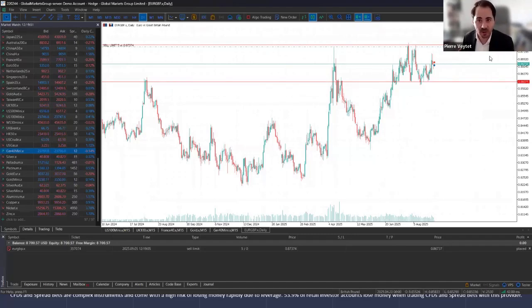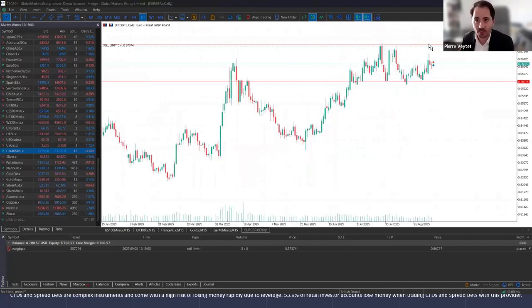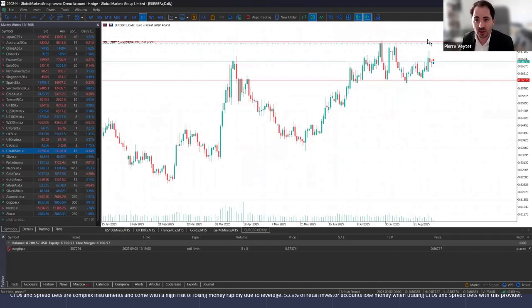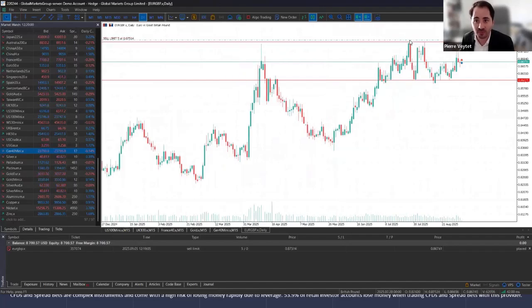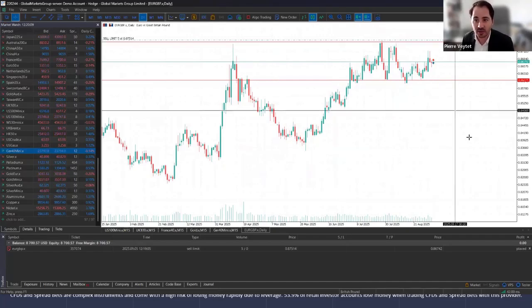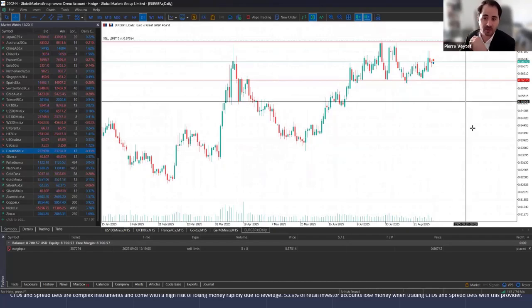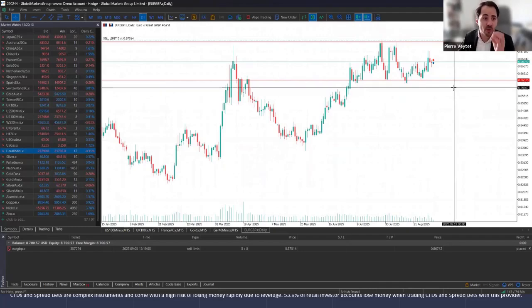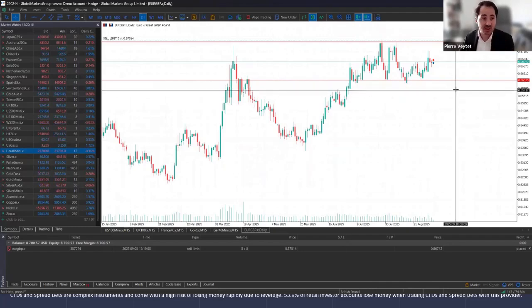Okay, let me give you a quick example. Let's say I would like to be executed here, right there, because it's the top of this wick. It's the highest of the trading chart, the highest point. But let's say the market goes up, but stops right there, and then starts going back down. You would have missed a move for a few pips, a few points, and this can be very frustrating.